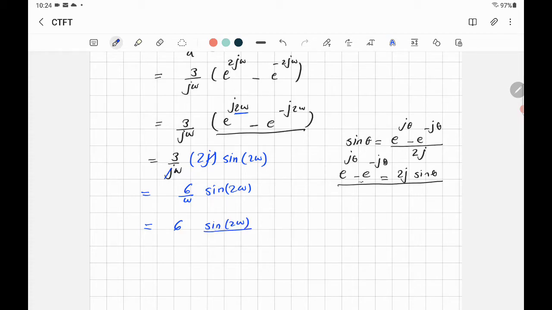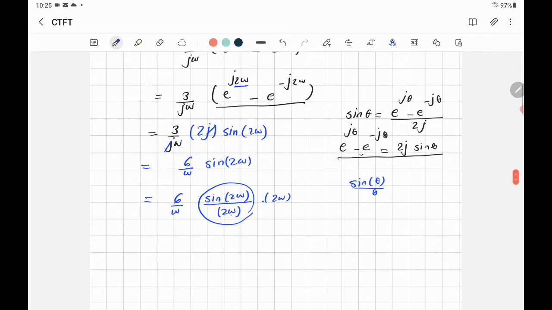So it's equal to 6 over omega sine 2 omega. We always like, if you have sine theta, we like to divide by the same angle. We want to write this expression as sine theta over theta. So if you divide here by 2 omega, don't forget you have to multiply by 2 omega, so as not to change anything, right? Okay, so keep this as it is, don't touch it.